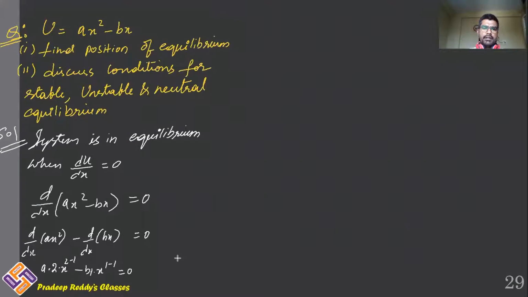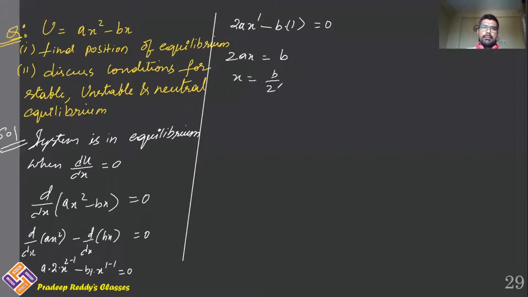We are using the formula of differentiation where d by dx of x power n is equal to n into x power n minus 1. Now from this you can write 2a into x power 1 minus b into x power 0 is 1, equal to 0. This gives you 2ax is equal to b. x is equal to b divided by 2a.